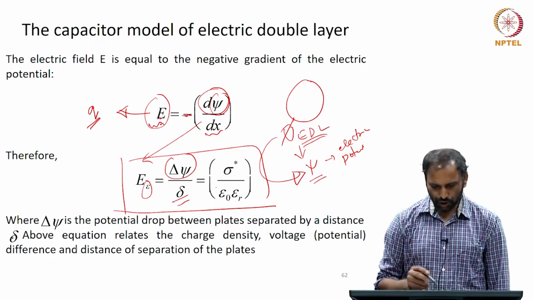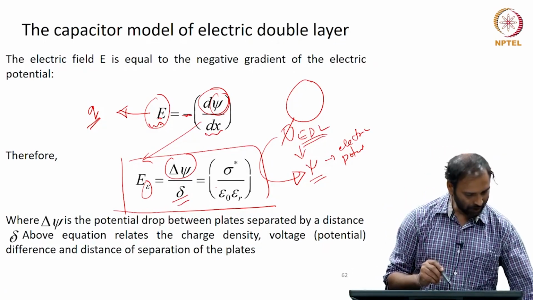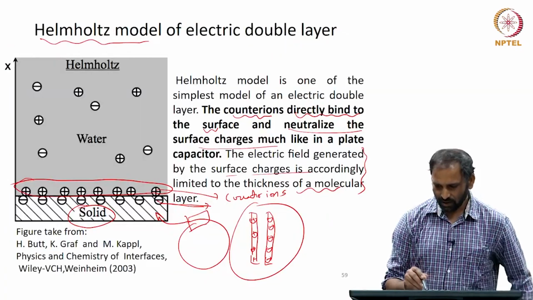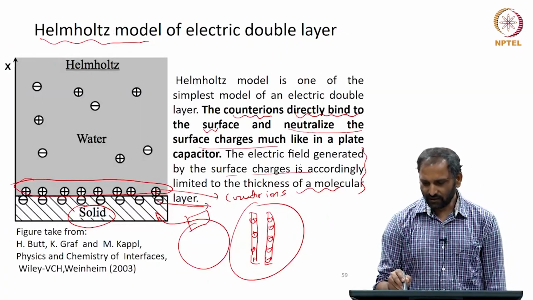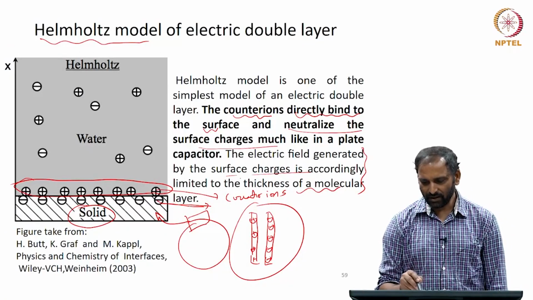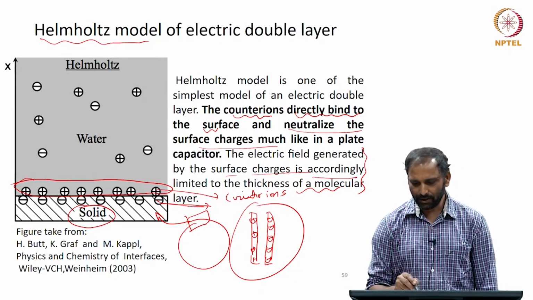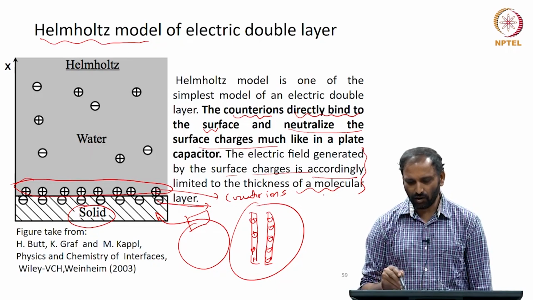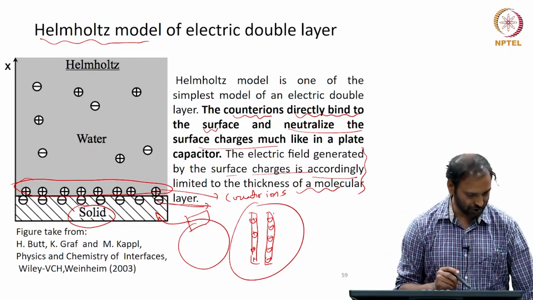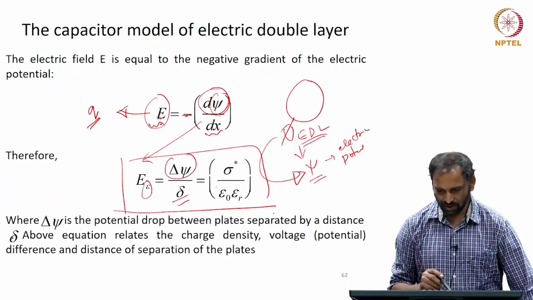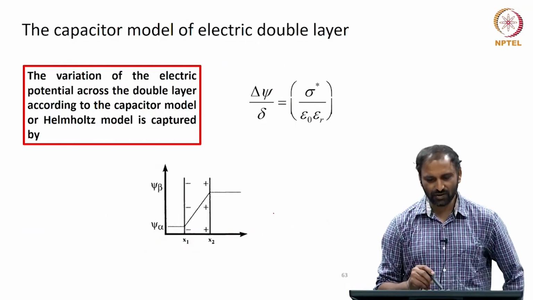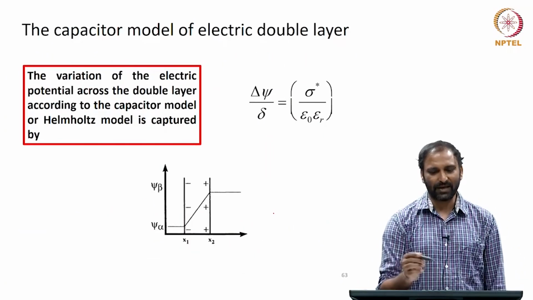Now I will come back to this point. We had mentioned that the electric field generated by the surface charges is accordingly limited to the thickness of a molecular layer. Just to make that point, I am going to calculate a few things. So, this in essence is the capacitor model.